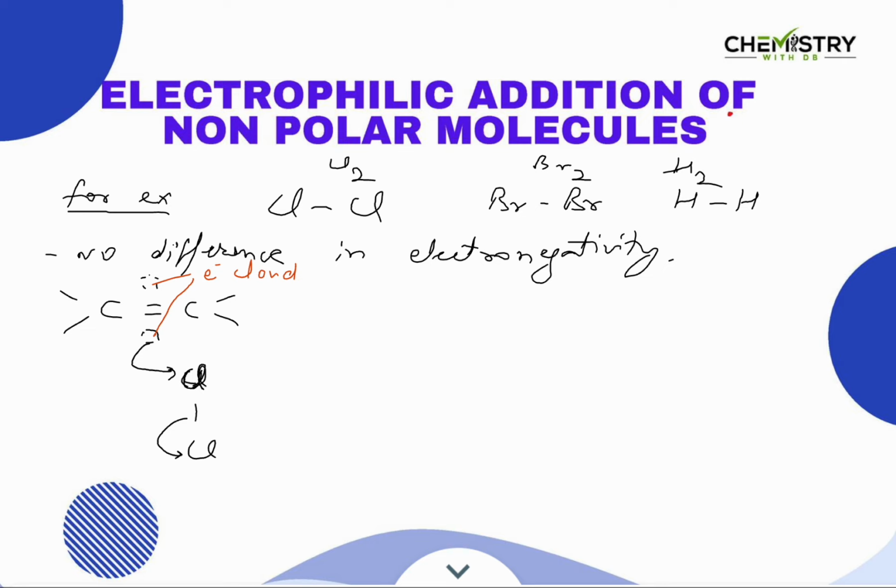As a result, this becomes slightly electron deficient, or delta positive, and the chlorine towards which the electrons have gone becomes delta negative. Now this delta positive one acts as an electrophile, and similarly electrophiles are generated in case of all other non-polar molecules because of the electron-electron repulsion from the double bond.